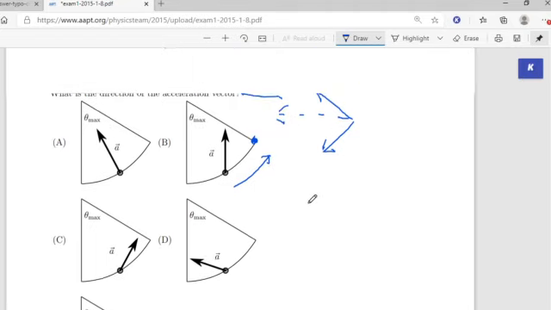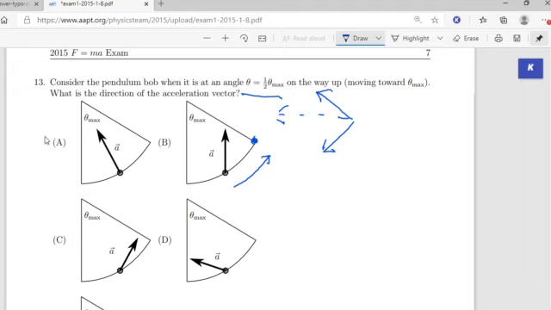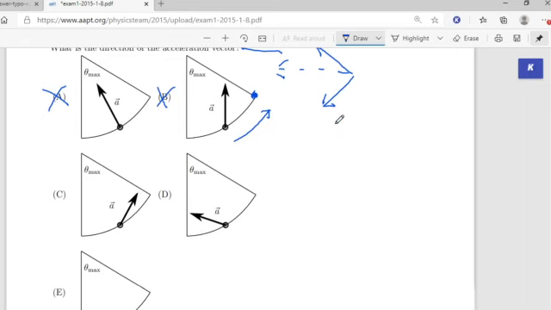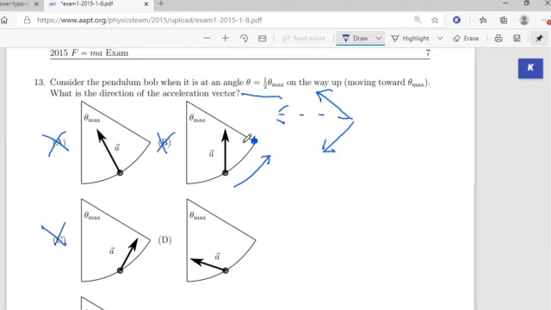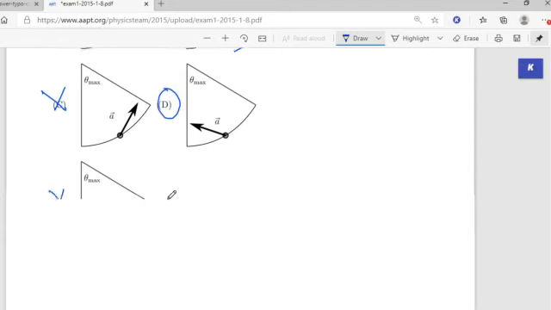So far, this is wrong because it just has a radial component. This is not pointing anywhere close to the direction we want. Neither is this, nor is this. And D, yeah, it looks like it's pointing the right direction, so D should be our answer.